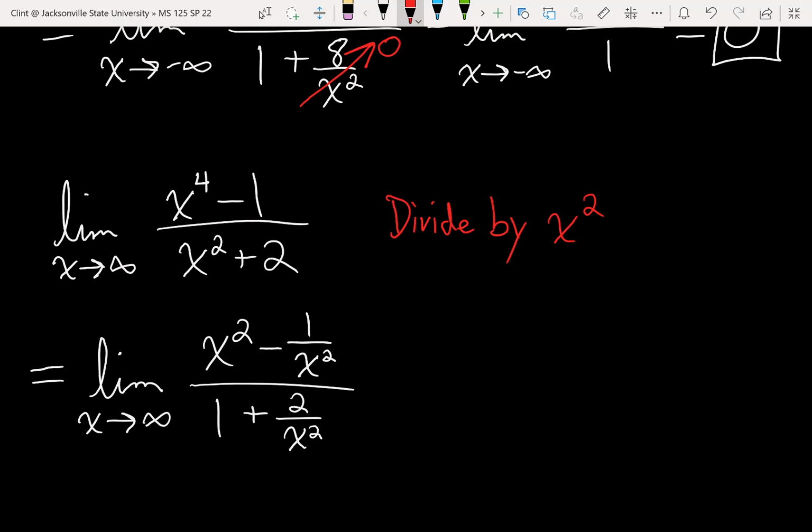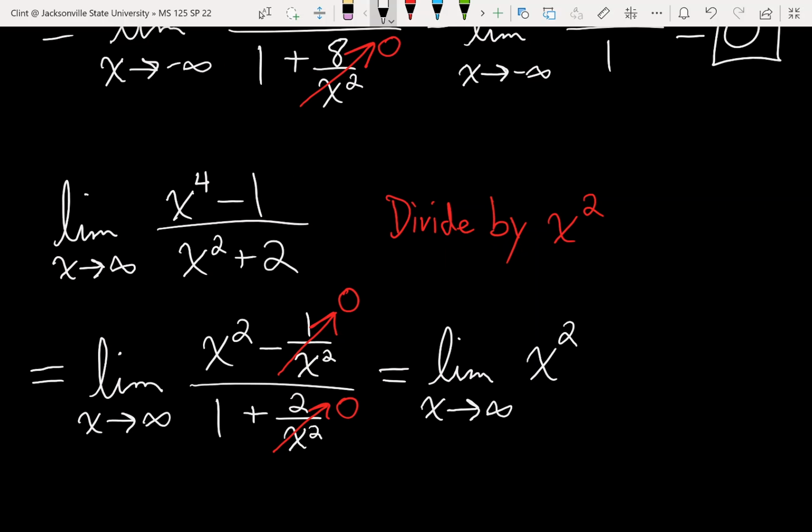The minus 1 over x squared, that limit is 0. The 2 over x squared, that limit is 0. So what we're left with, a little different than ones we've done so far, is the limit as x approaches infinity of x squared over 1, or just x squared. What's that going to be?